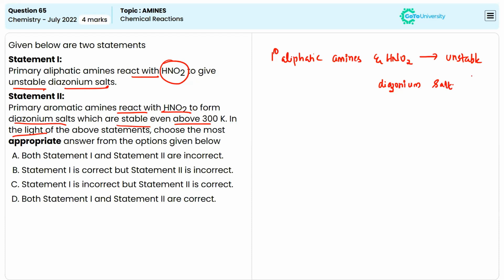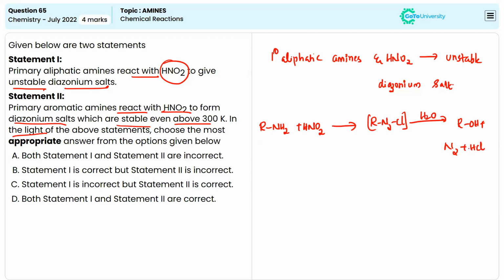Okay. Now this unstable diazonium salt will be converted to alcohol. So what is the reaction? First let us represent the reaction. RNH2 plus HNO2, and they produce RN2Cl, and this on further reaction with water will produce alcohol plus nitrogen plus HCl.